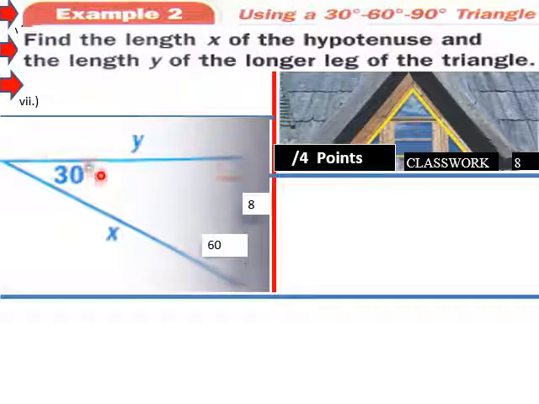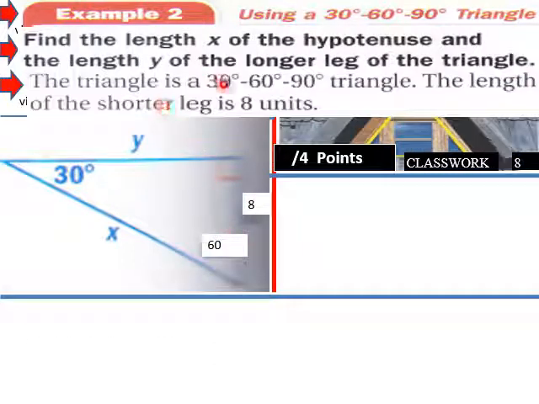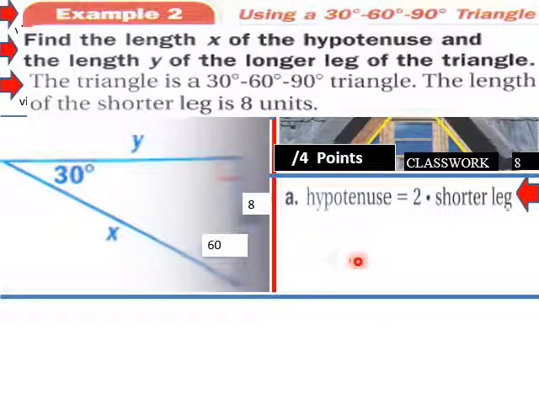And then the side opposite the 30 degree angle will be your short side. And this is 8 here. So you know 8 would be a in this situation. In a 30, 60, 90, the length of the short leg would be 8 units here. It's opposite the 30 degree angle.